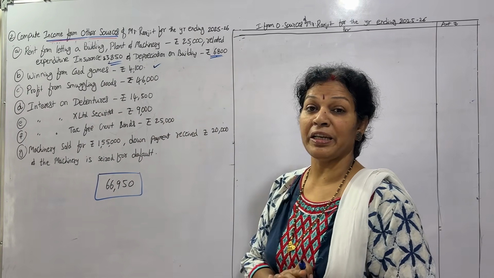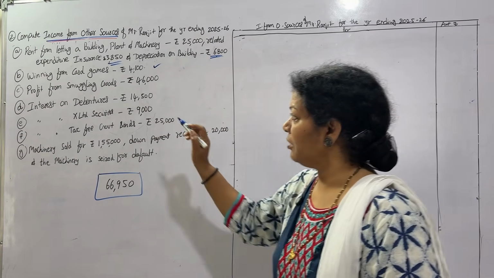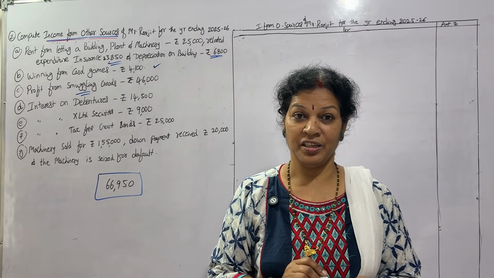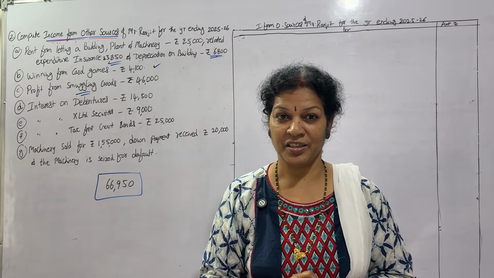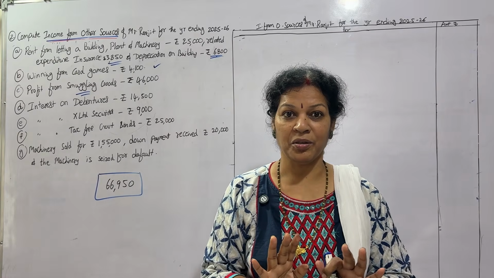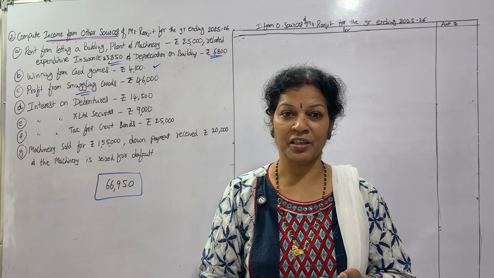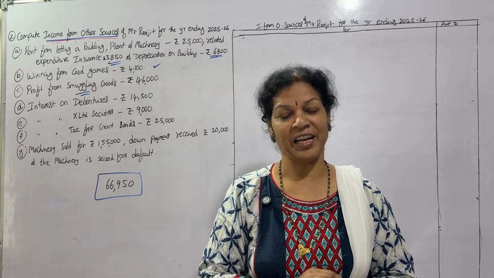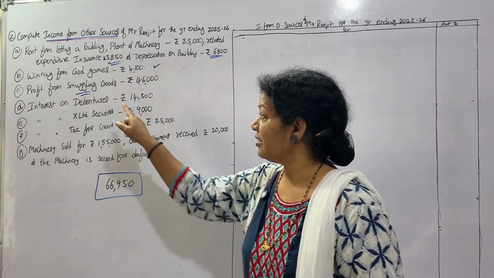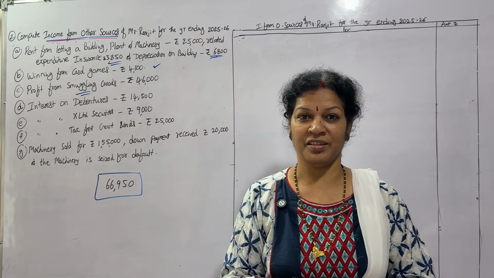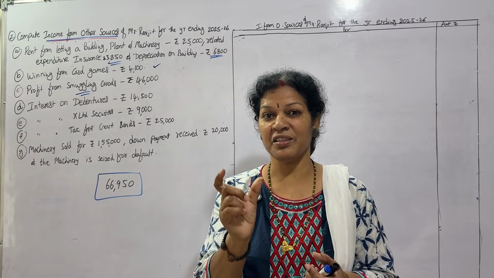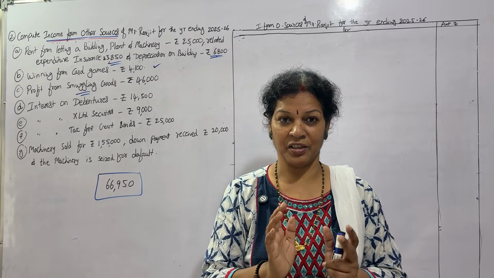Next, profit from smuggling goods. Actually, smuggling goods is an illegal business. Income tax is not bothered about legal or illegal. They consider it for tax payment purpose. But this is business, and business comes under income from business, a separate transaction.